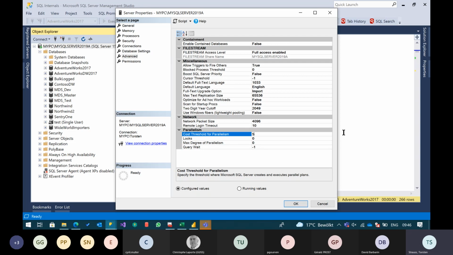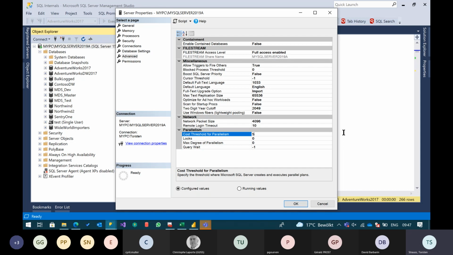So even if Microsoft with a new version, I don't know, SQL Server 2021 or whatever, will increase the cost threshold for parallelism to, I don't know, 50 or whatever, because 5 is a very, very old value from very, very slow CPUs. The power and speed of CPUs increases over time, and that is the reason why I guess 5 is not the recommended value anymore.